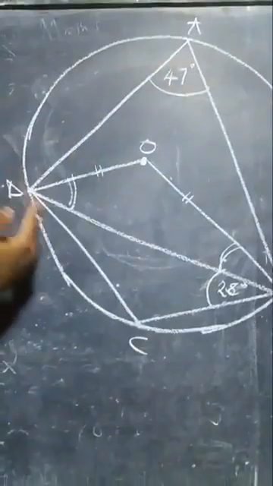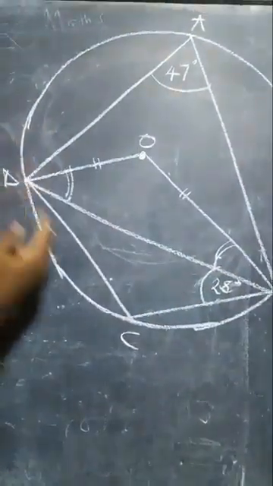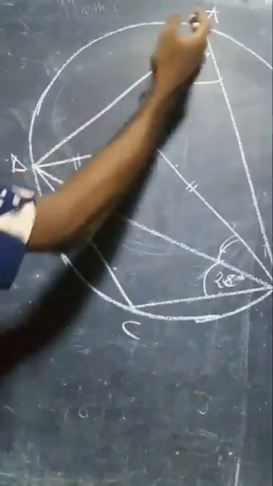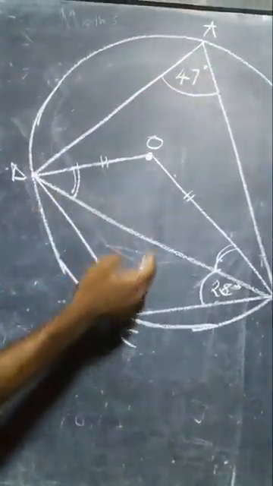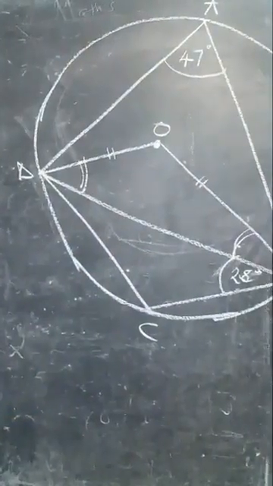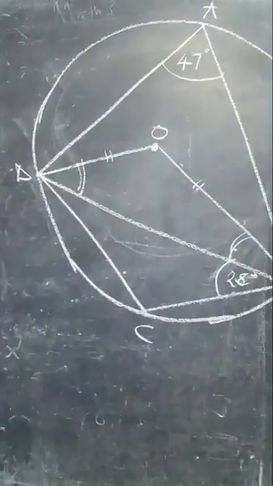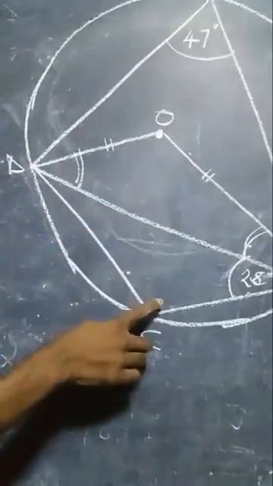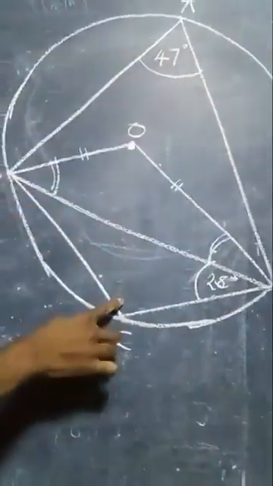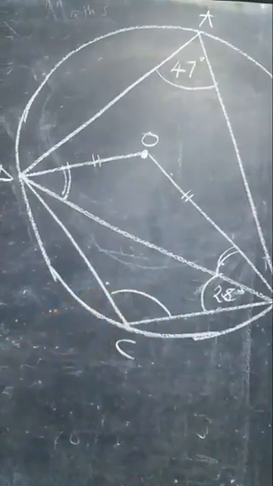If this is touching four sides of this circle, opposite angles are supplementary. What do we mean? This angle plus that angle add up to 180.